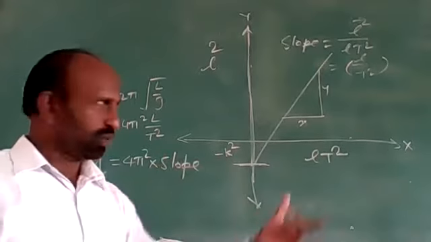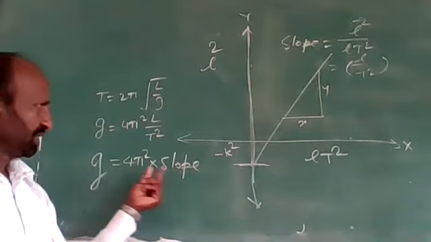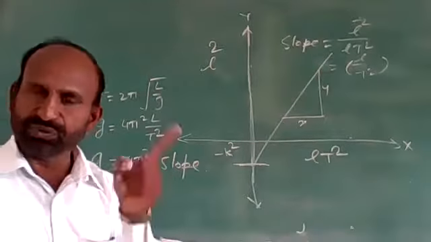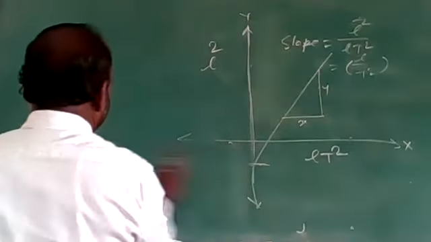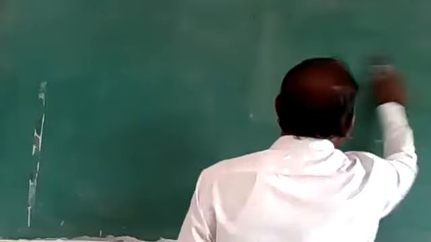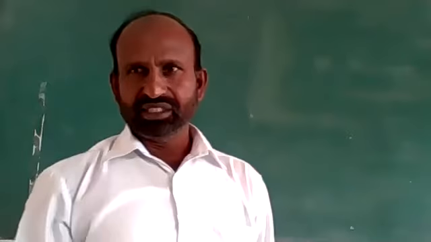If we find the slope of this graph, put that slope here. Pi is constant here. So when we put the slope in this equation, we directly get the acceleration due to gravity. So this bar pendulum is useful in determining the acceleration due to gravity by plotting the graph and obtaining the slope and all these things.